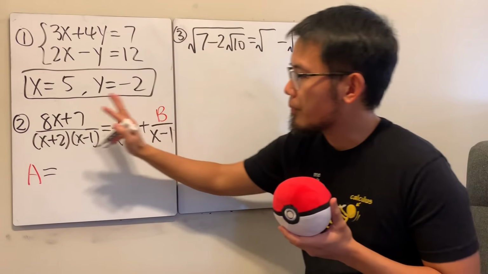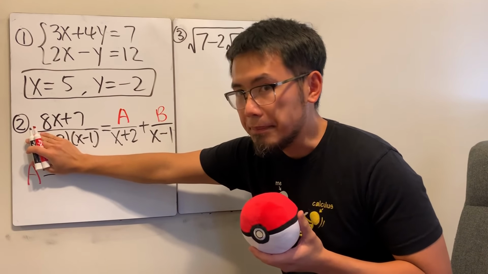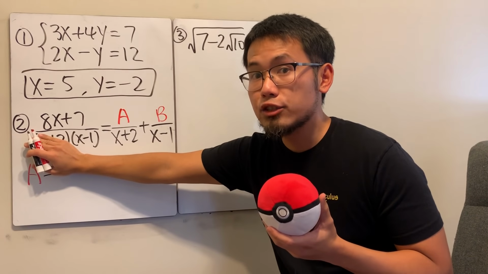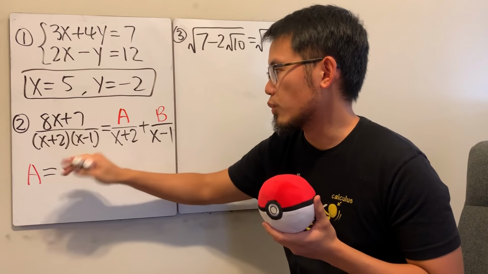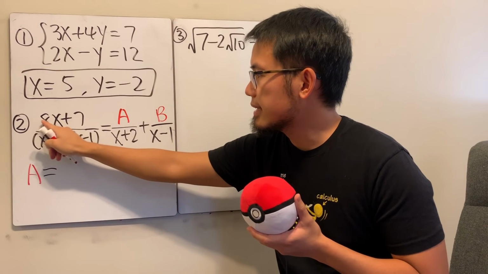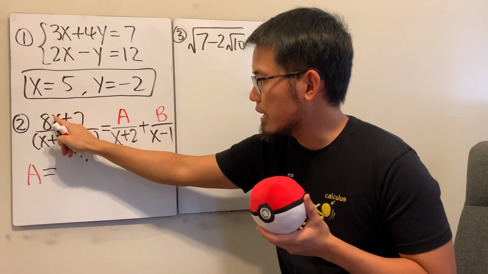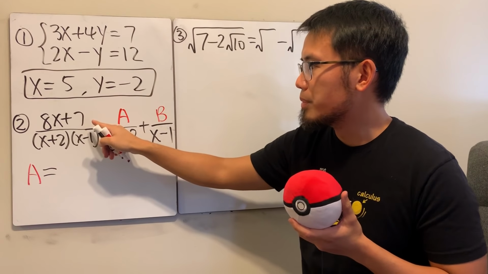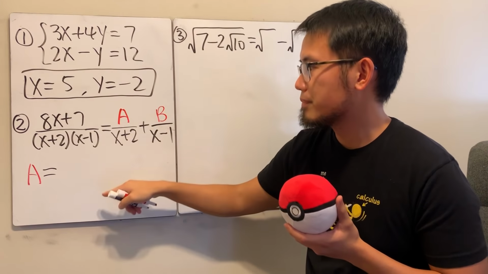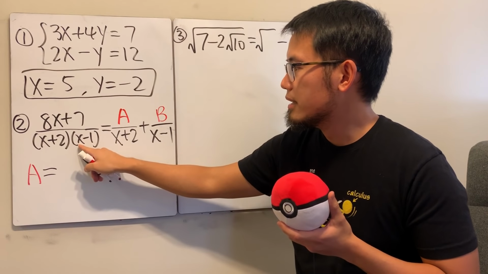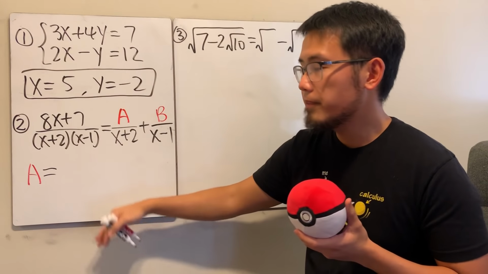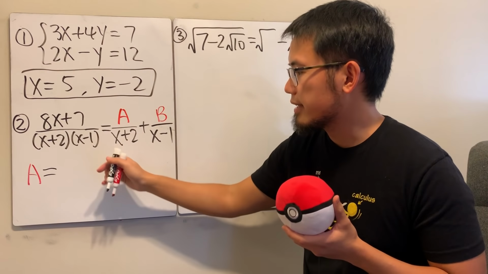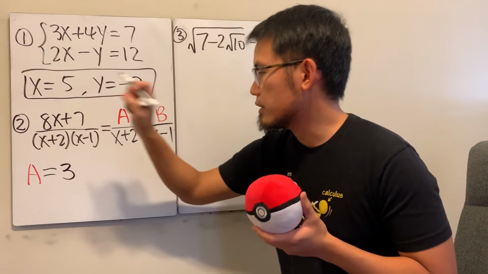So you come back here, you cover this up, and again, x has to be -2. You put -2 in here, and just work that out. So 8 times -2 is -16, plus 7 is -9, and then divided by this right here, -2 minus 1, which is -3. -9 over -3, we just get positive 3.